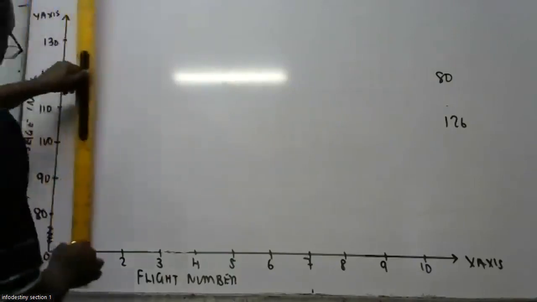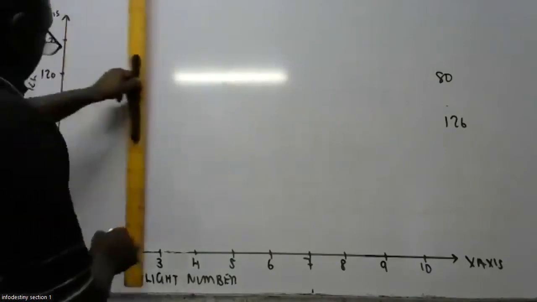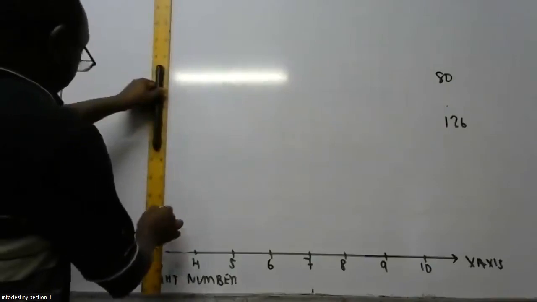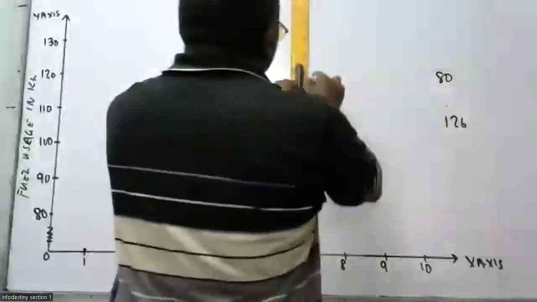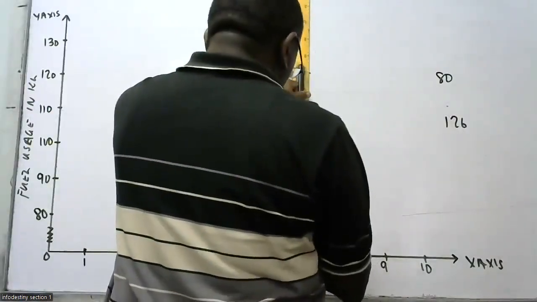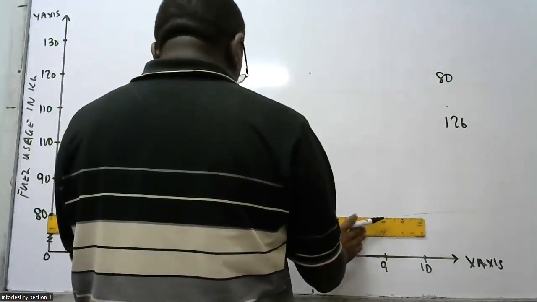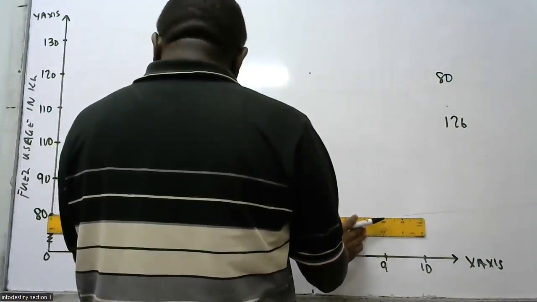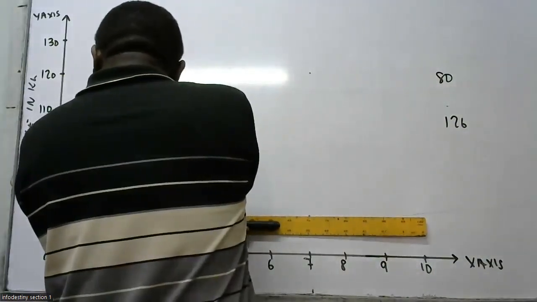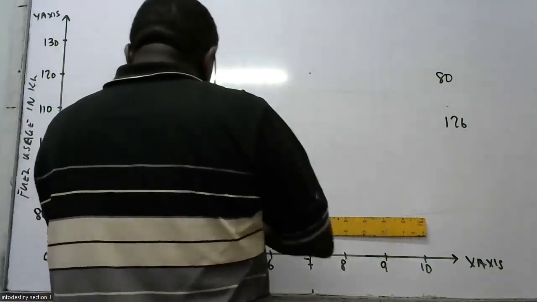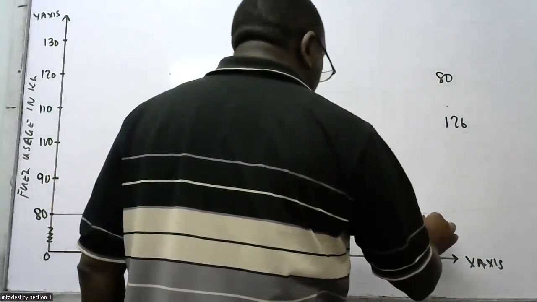Then this is 80 and 40. So this is the lower limit.